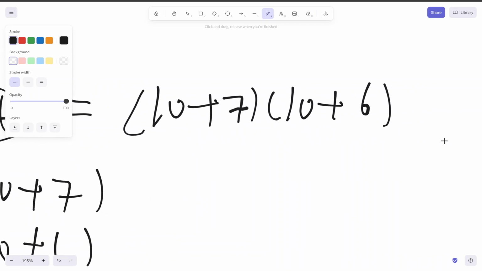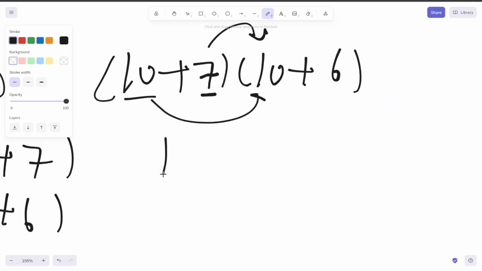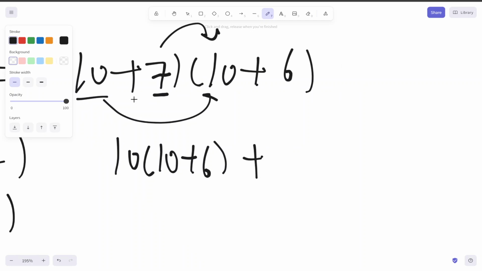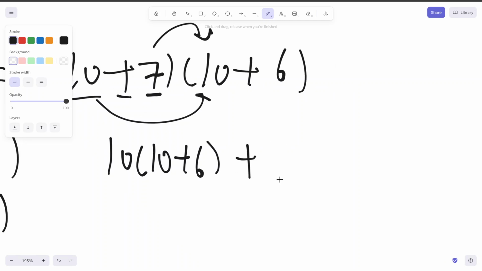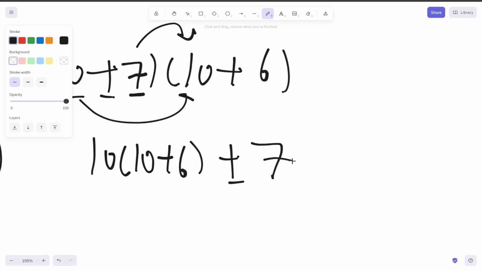All right, good. So now how do we do this? We can think of 10 plus 7 times 10 plus 6 as something like this times this thing, and then this times this thing again. So we can expand this and we get 10 times 10 plus 6, plus, because this plus is maintained, 7 times 10 plus 6.